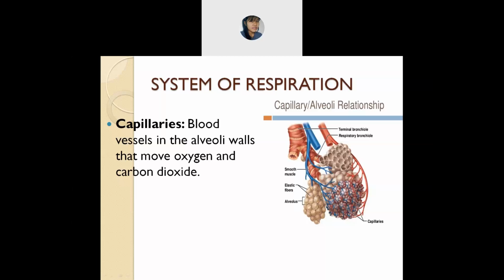And here the same thing happens: there is exchange of gas, carbon dioxide and oxygen, and it occurs here in the capillaries. They are like blood vessels. They are actually blood vessels, attached with the alveoli, and here the same thing happens, exchange of oxygen and carbon dioxide.